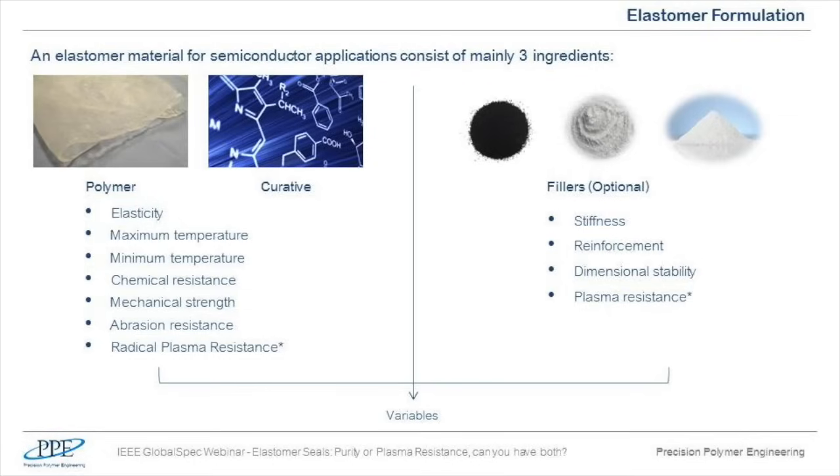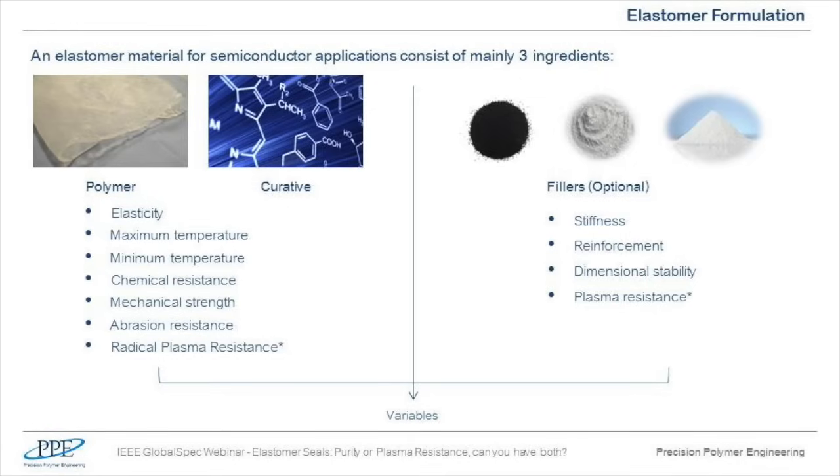Obviously, we need to have a polymer in an elastomer formulation, which is the main ingredient of all elastomer formulations. Then we need to have a curative, essentially to join polymers together, and that bit is fixed. The curative chemistry will be matched to the specific polymer being used, and there's a certain set of process conditions needed to make this chemical reaction happen for a set time, and we have some options then.